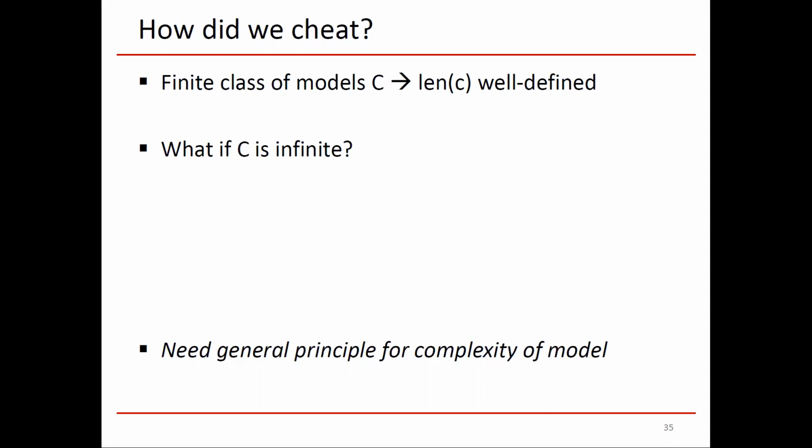But what if capital C is infinite? What length of C do we have when we have an infinitely large number of possible models? So we need some sort of principle for the complexity of a model. And in particular, we want to understand how the cardinality of the set capital C, the number of models in it, is going to scale with the data size n.